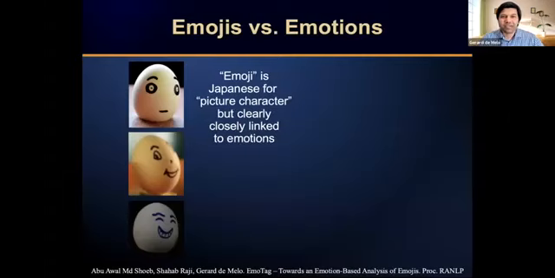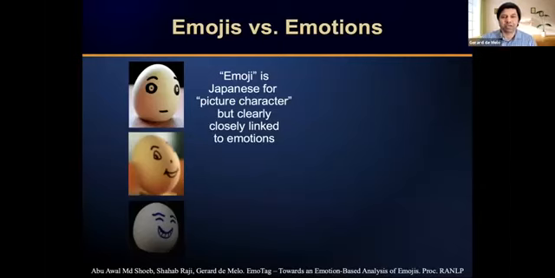So one thing we wanted to study is how do emojis relate to emotions? And naively, you might think that the word emoji does sound a bit like emotion, but there's no actual etymologically valid connection. Emoji actually just means a picture character in Japanese.